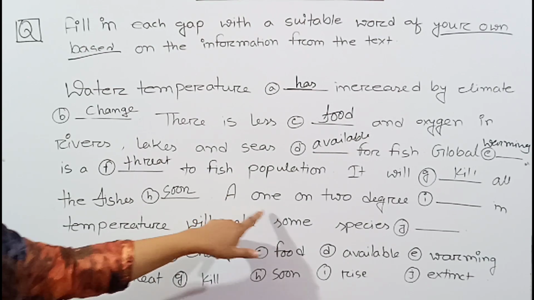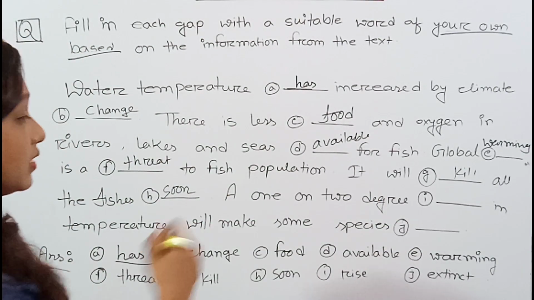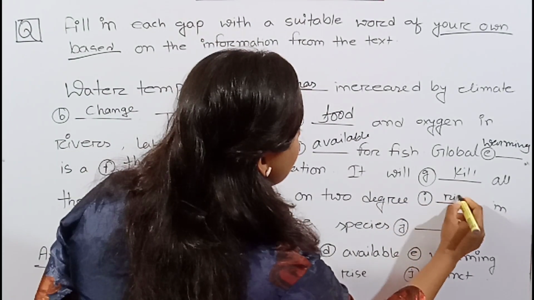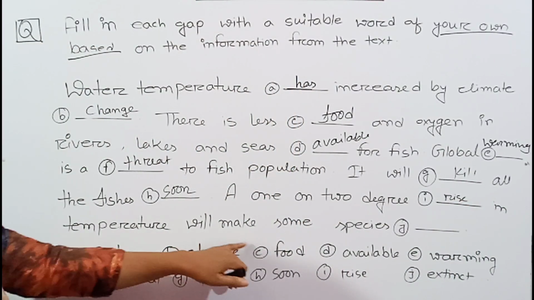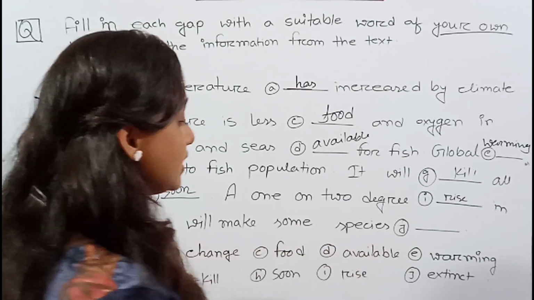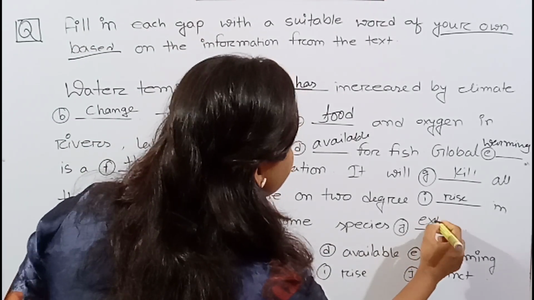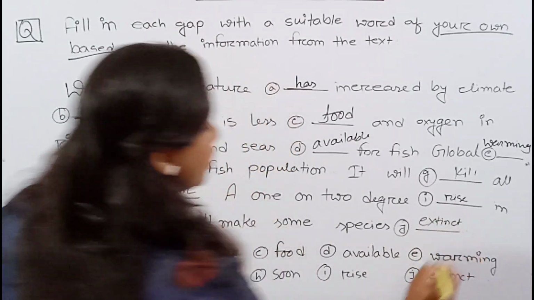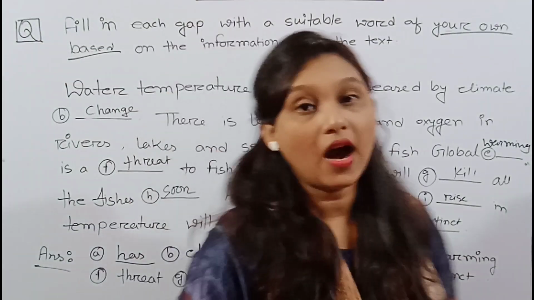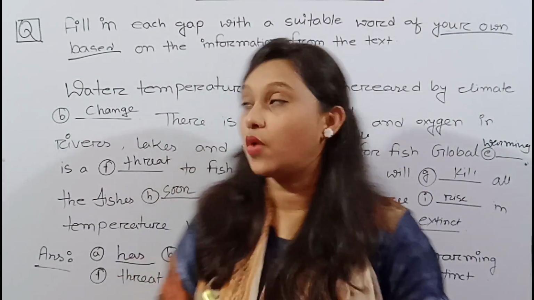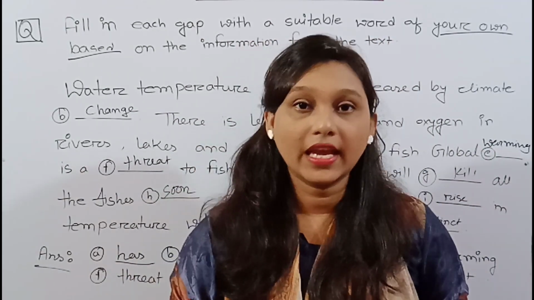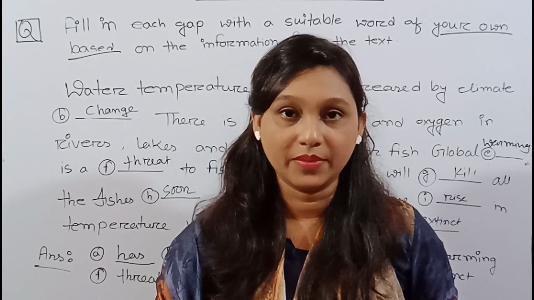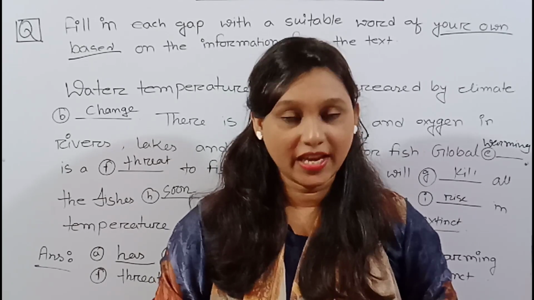Well, a 1-2 degree rise in temperature will make some species extinct. So dear students, this is how you have to solve this question. So be prepared and make very good preparation for the examination. So dear students, thank you very much.